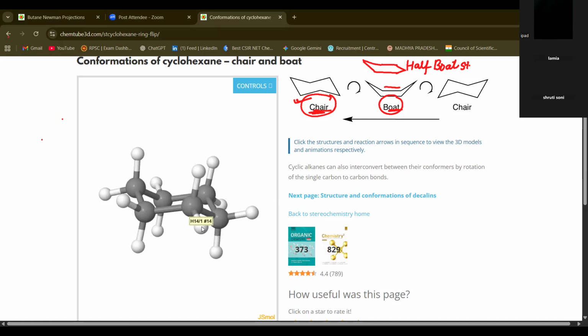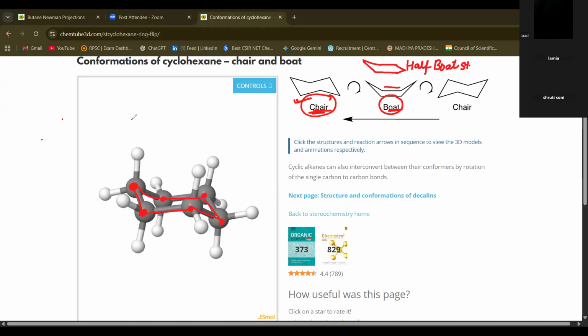Now you can make a structure also for this chair conformation. So see how the chair conformation looks. Let's suppose this is the carbon. This is attached with this carbon, and then here, here. This carbon is attached here at the backside.